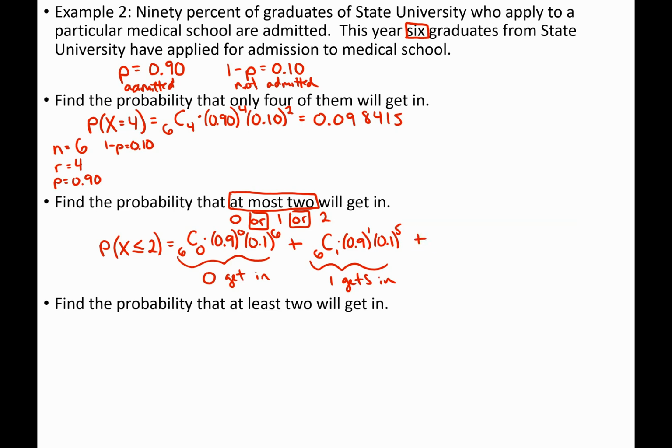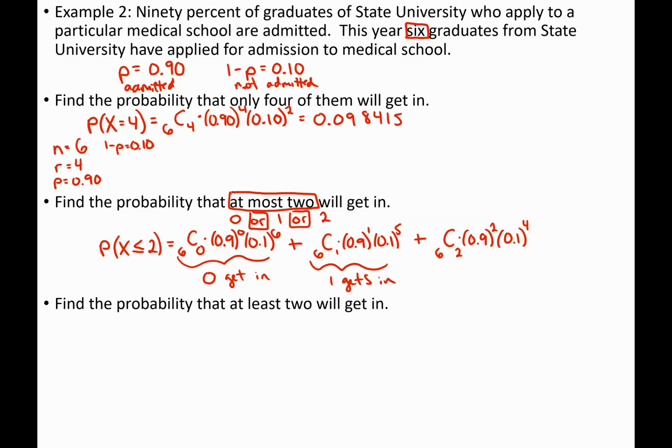Last but not least, we need to do the 2. Again, the reason we're adding is because we're going to have 0 or 1 or 2. So now we want 2 to get in. So we have 6, and we're going to choose 2 to get in. 90% chance they get in. We're going to have 2 of those. 10% chance they don't get in.